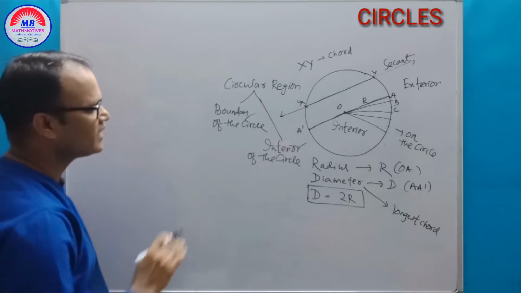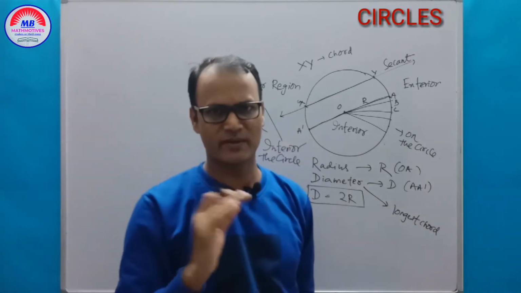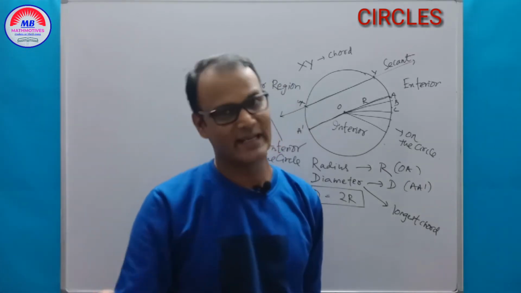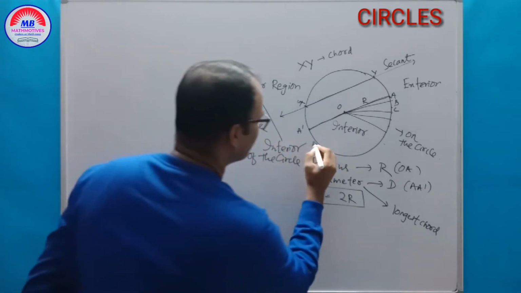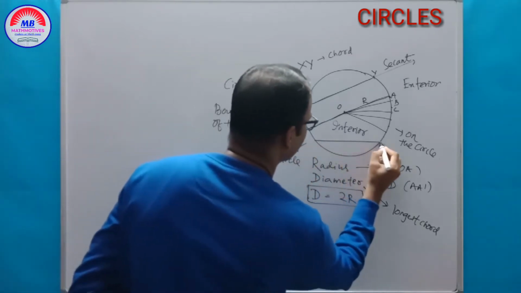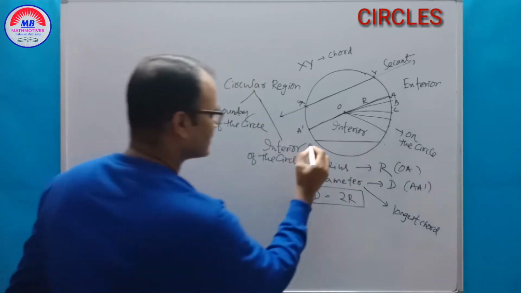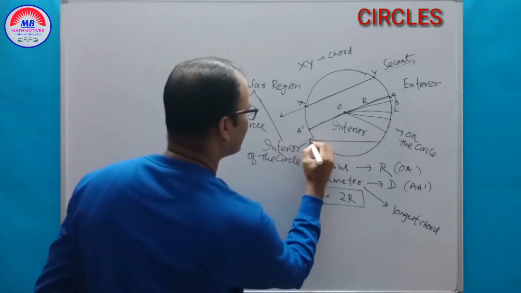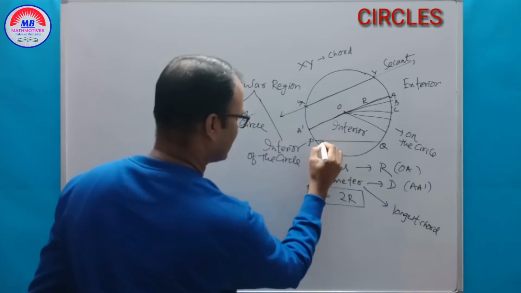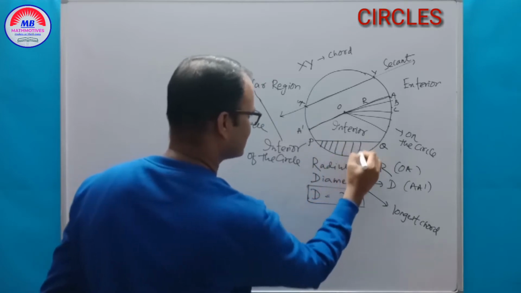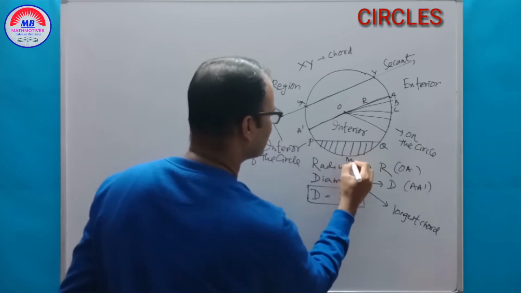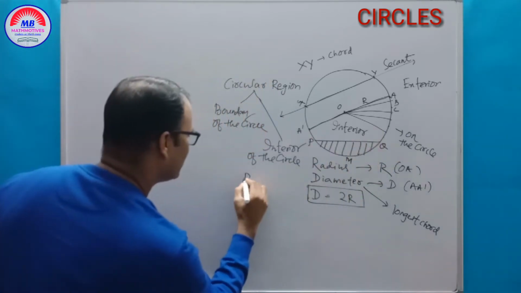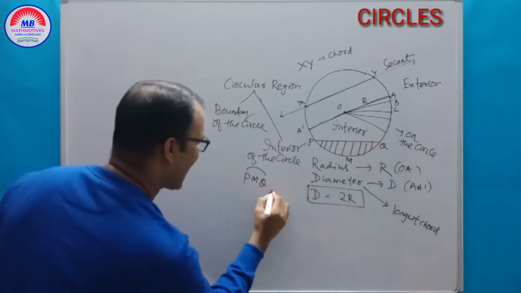Then that is all about a circle. First we discussed the circle, then you go to the 10th chapter discussions. You see, if we join this one, let it be PQ, and this region, let it be M, PMQ, that is called an arc.